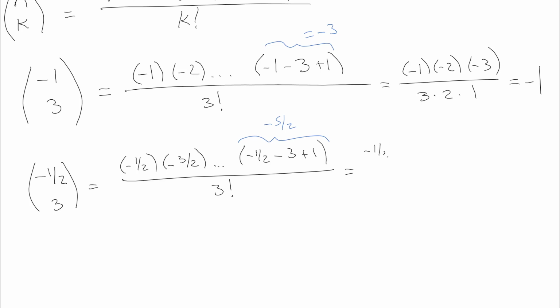So I have -1/2 times -3/2 times -5/2 all over 3 times 2, which, let's see, that's going to get me to -5/16. So there's -5/16 way that I can group -1/2 objects into groups of 3. It's weird. I don't know what to tell you, except that we have these things defined because they come up, and I just wanted you to know that it exists.